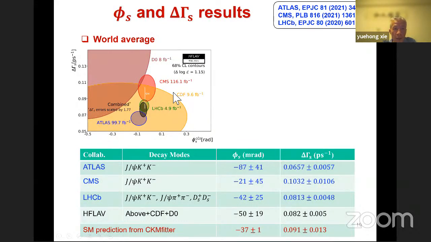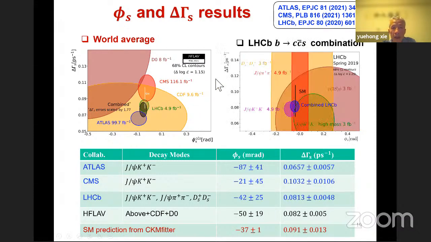On the top left, you can see the results of phi_s and the decay width difference delta gamma_s from LHCb in green, ATLAS in blue, and CMS in red. You can see that the world average is actually dominated by LHCb so far.